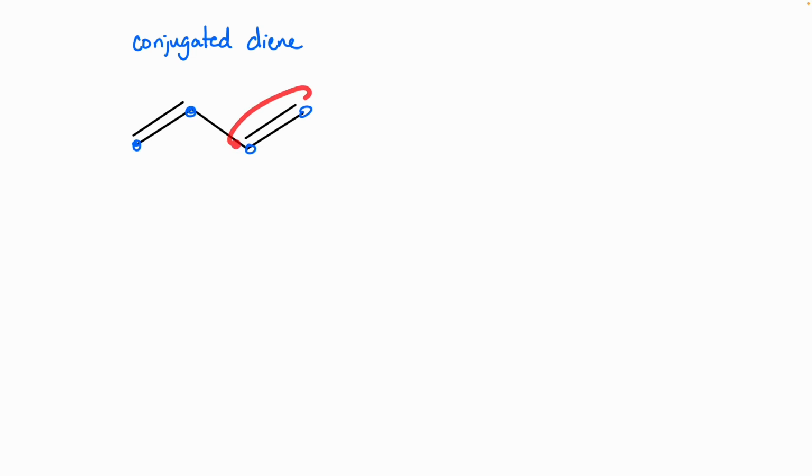They overlap to form these pi bonds, but what makes the conjugated diene so special is actually all of these p orbitals are connected, and those pi electrons are delocalized across all four of those carbons, right? That's what made this conjugated diene so special. So what we're going to see here is these four p orbitals. They're going to mix together to form four new molecular orbitals.